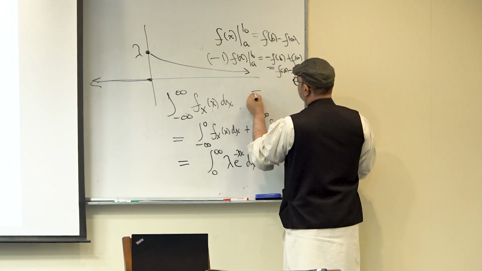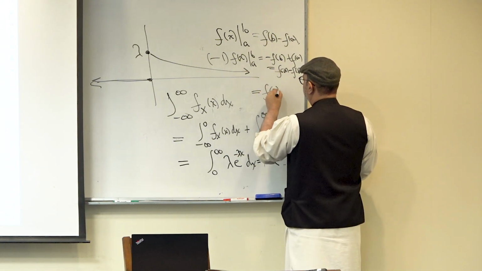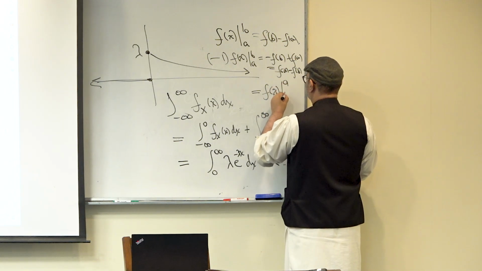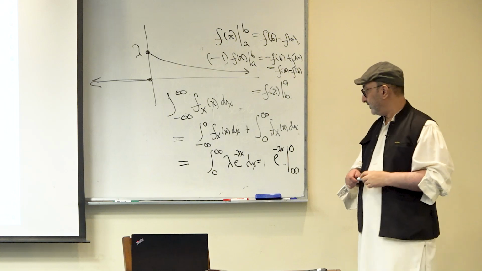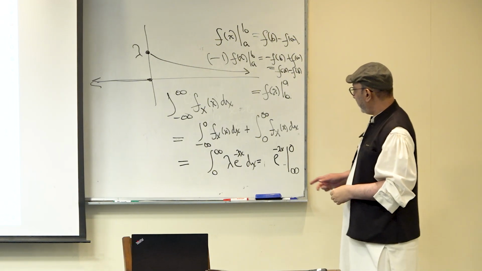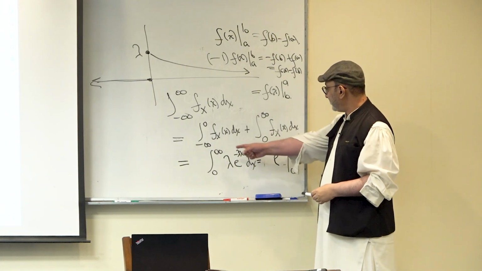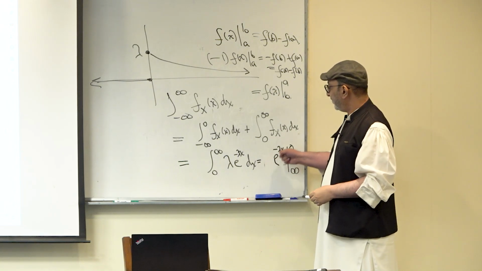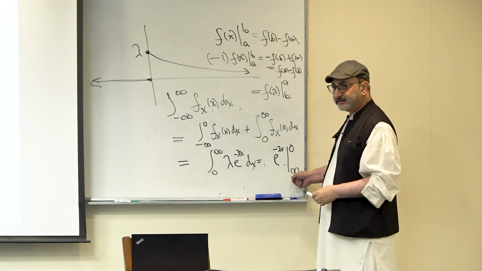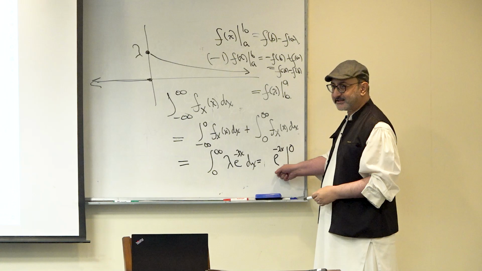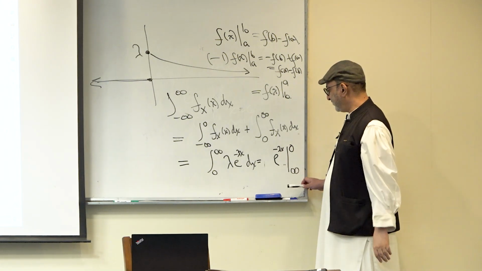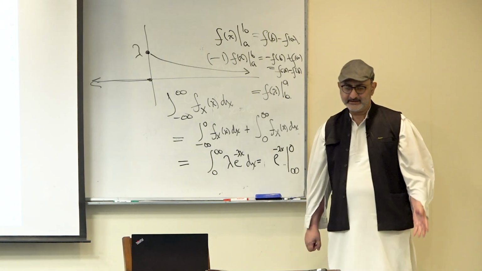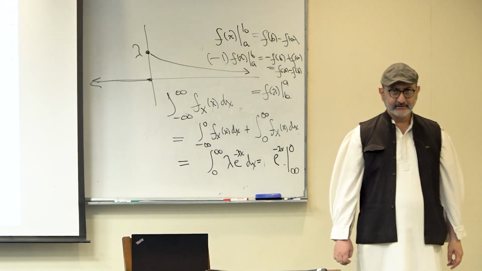And that would be the same as evaluating f at x with the evaluation order interchanged. So evaluating minus something at infinity and 0 is the same as evaluating plus something at 0 and at infinity. You don't have to do that if you don't want to. It'll come out the same way. I just find it easier to think about it this way.